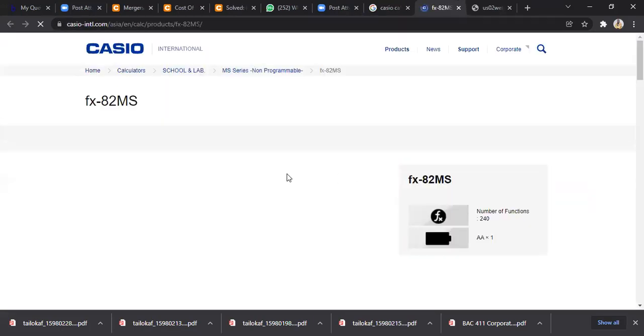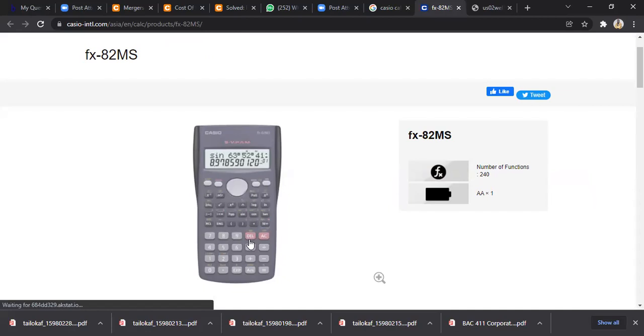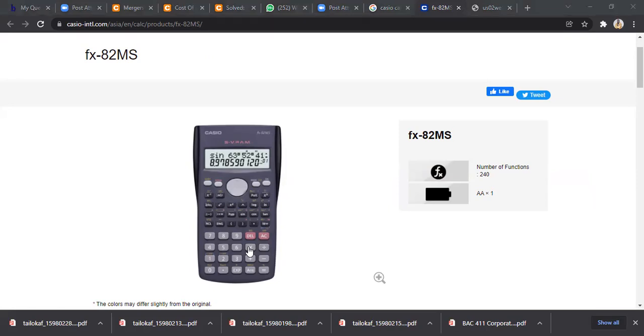You press mode, and you are going to have three options: COMP, SD, REG. So you go to SD, which is button number 2. Do we all have the Casio calculator? Sharp, Casio, Kenko, they're in the same category. I'll explain the Sharp later on.